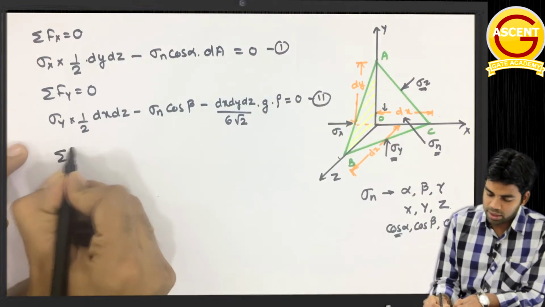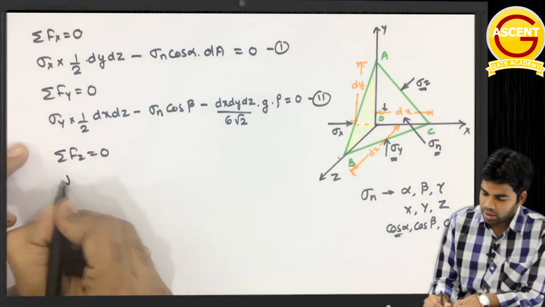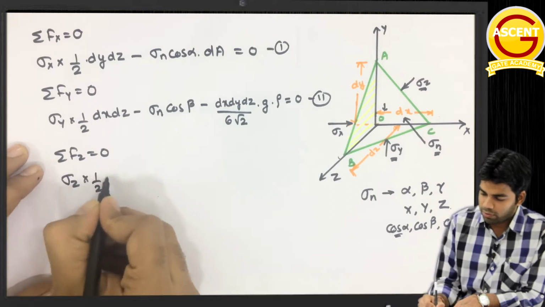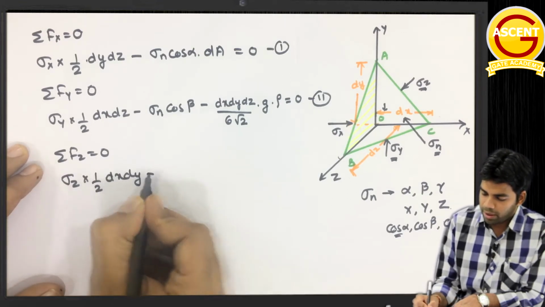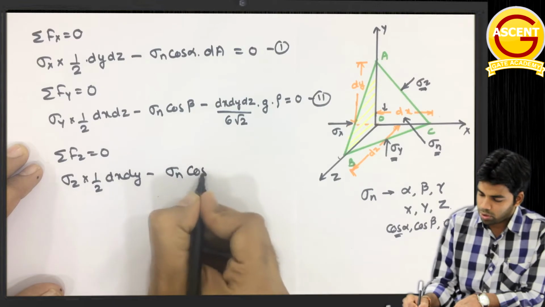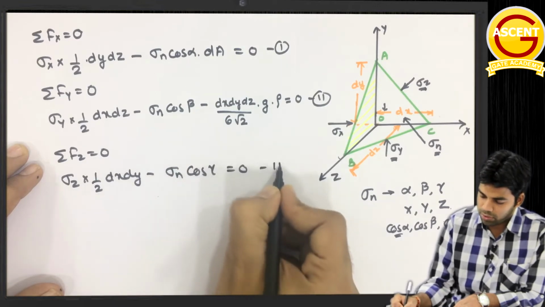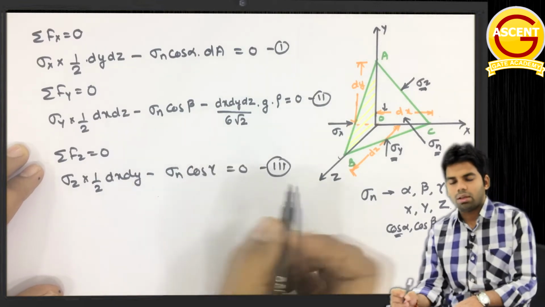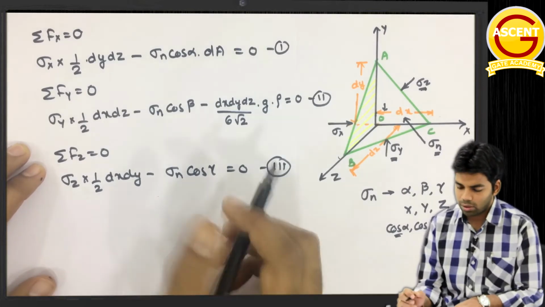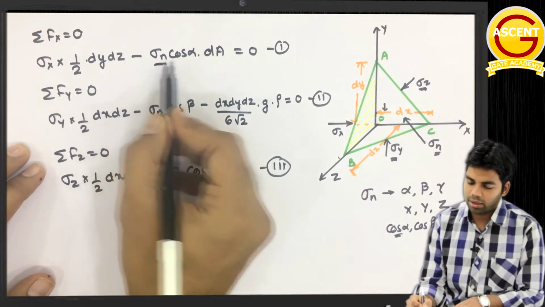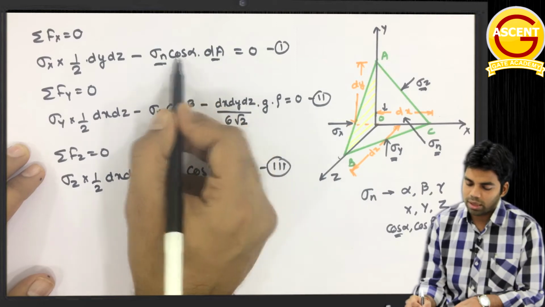Similarly, summation of Fz is equal to 0. So here again sigma z into half dx dy minus sigma n cos of gamma should be equal to 0. This is equation number 3. Now from all these three equations, one thing we can conclude, that this sigma n into dA into cos alpha.